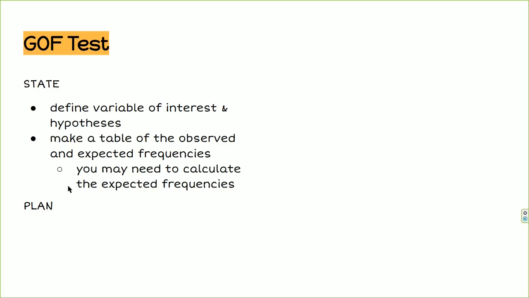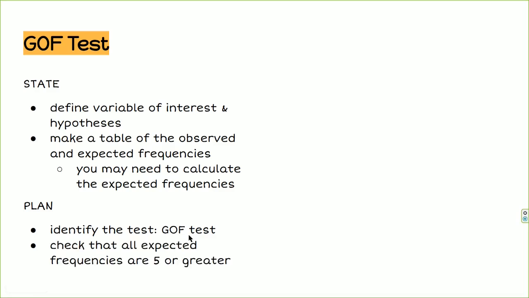After we've listed everything that we're given in the problem and defined our variable of interest, we go on to the plan stage. So we identify that we're doing a goodness of fit test. And in order to do a goodness of fit test, we need to check that all of those expected frequencies that we found in the state step have to be 5 or bigger.